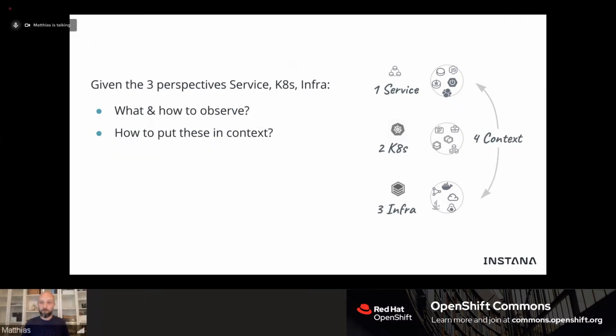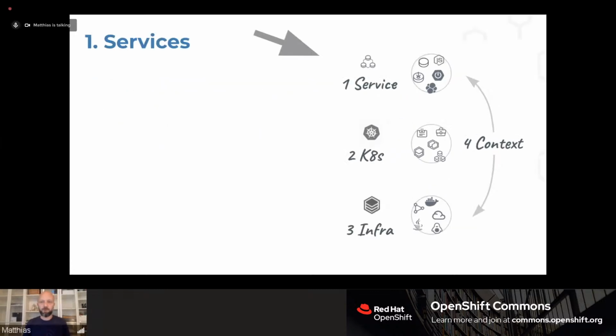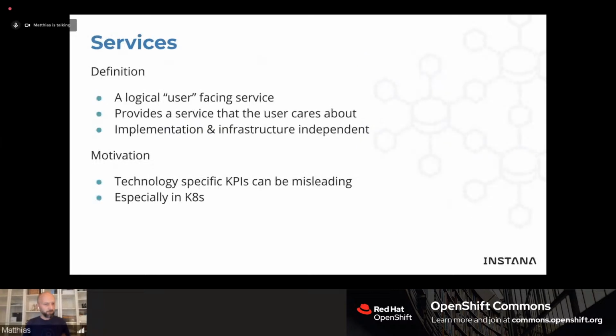All right, so we've got these three perspectives. What should I look at? How should I look at these? And then last but not least, let's put them in context. Let's start with the service again. What am I looking for? The definition of a service for me is something that has some logical context to it.